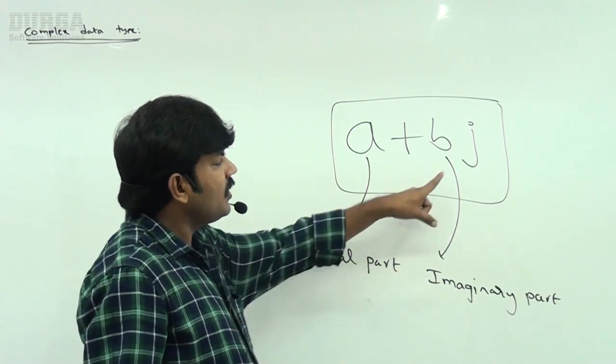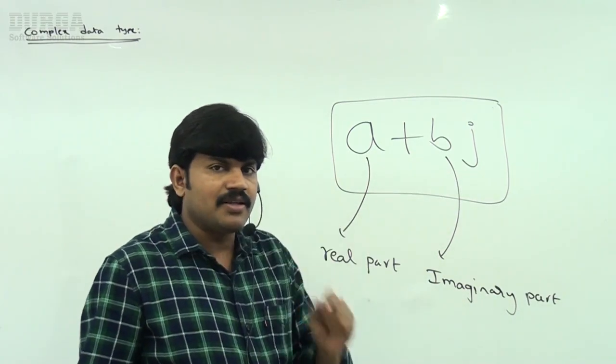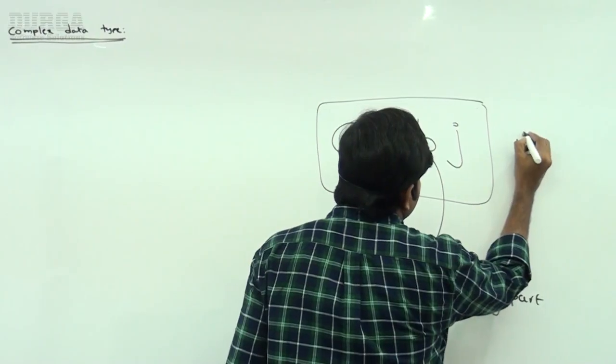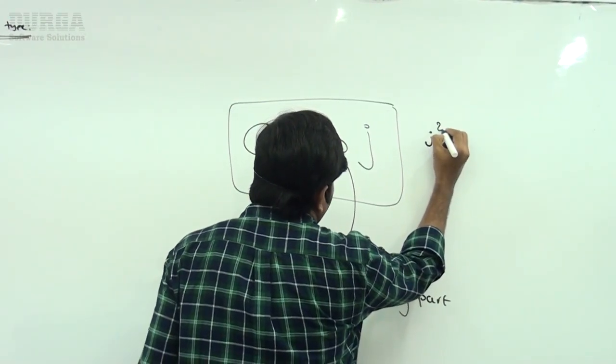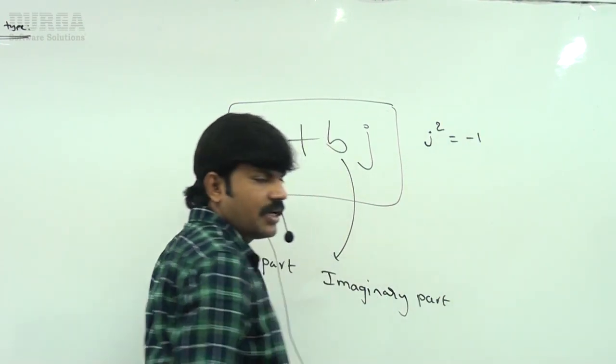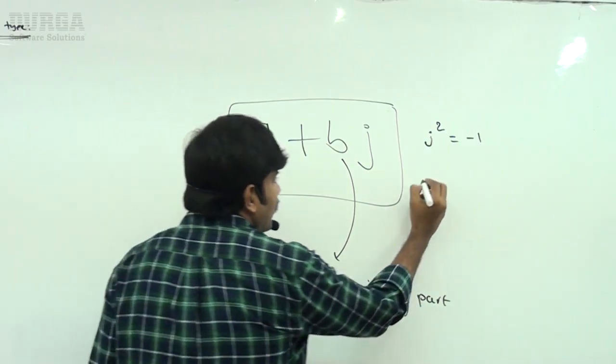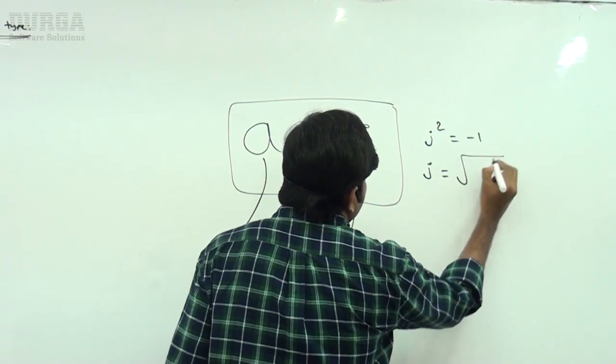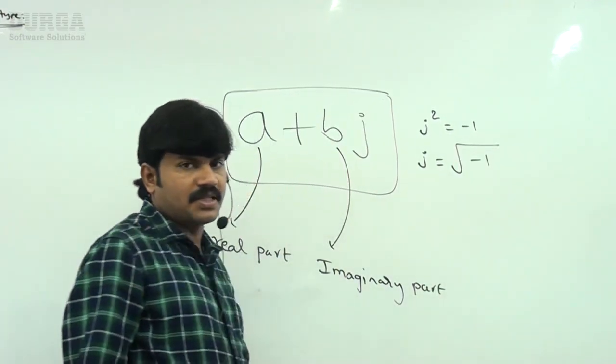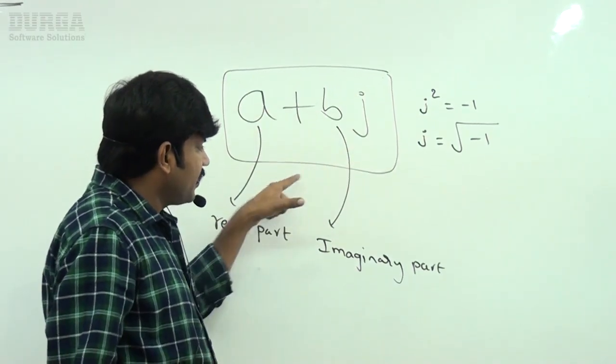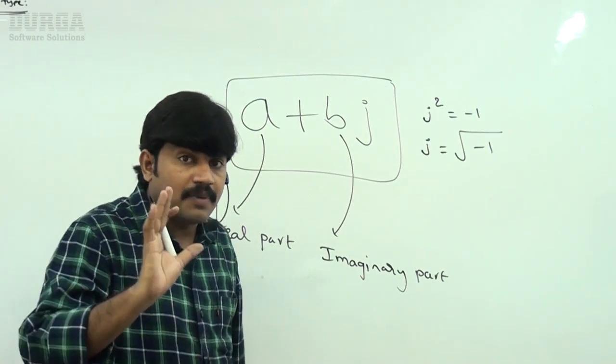Next, what is this j? j squared is equal to -1, so j is equal to the square root of -1. Remember that this type of representation is called a complex number, right?